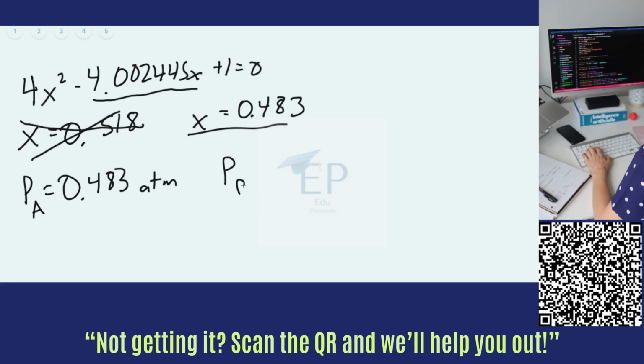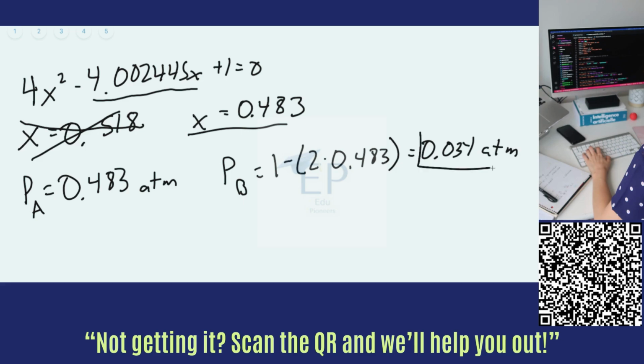And the partial pressure for B is equal to 1 minus 2 times 0.483, which is equal to 0.034 atmospheres. And so these are our final answers for the partial pressures of A and B for part B.